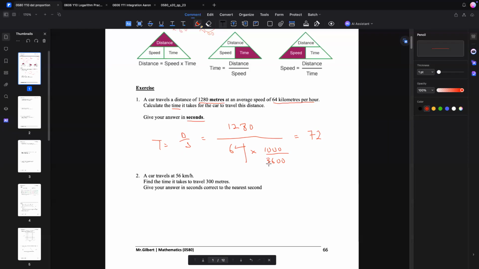If you're getting the wrong answer, try to do the bottom calculation first, get your value, then do the rest. So you can round it up to 72. Your answer is in seconds, so 72 seconds.